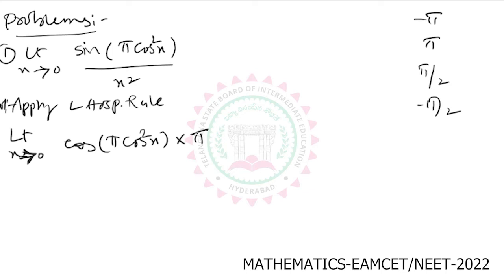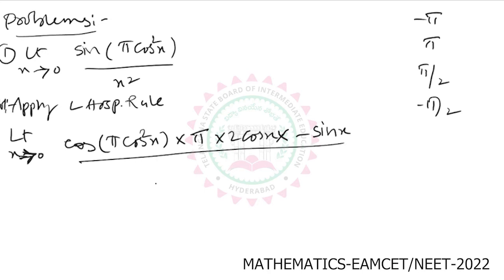Now the derivative of cos square x is 2 cos x into the derivative of cos x, which is minus sin x, whole divided by the derivative of x square, which is 2x. Okay, what I have done? I have differentiated separately the numerator as well as the denominator.